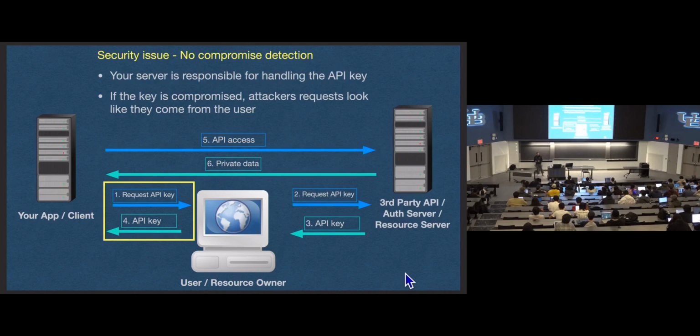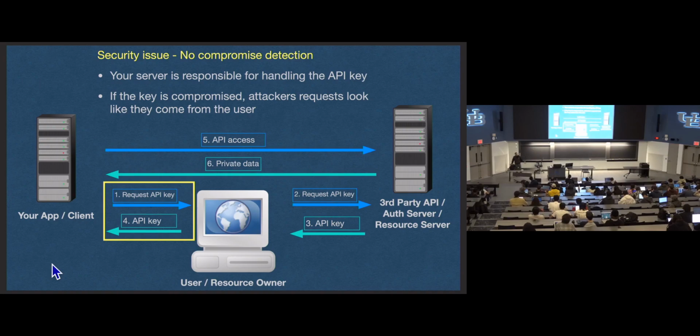And there's no compromise detection here. If we're irresponsible with that API key, and somewhere in our app we store this key in plain text, which we have to, and we have a SQL injection attack, that key is compromised. And an attacker starts using this API key.